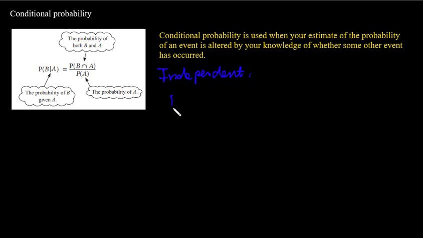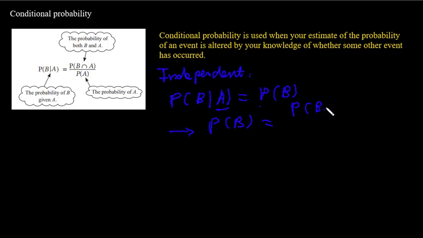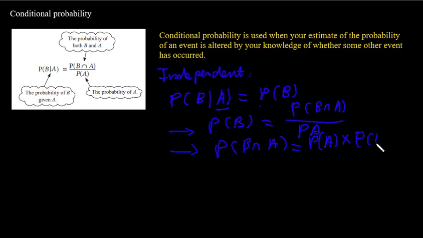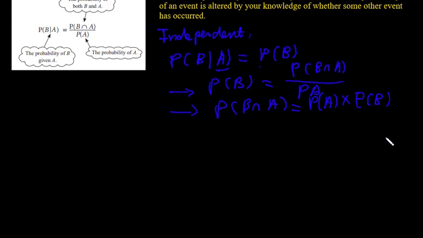So the probability of B given A is equal to the probability of B, because whether A occurs or not, B is not affected by A. So P of B equals P of B intersect A over P of A. So we have P of B intersect A equals P of A multiplied by P of B.